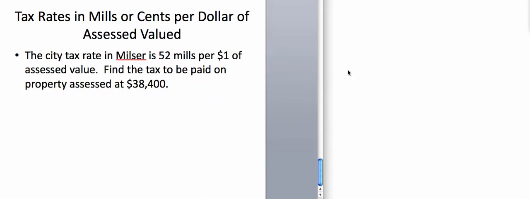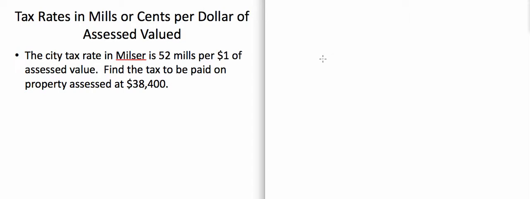So it says the city tax rate in Milser is 52 mils per $1 of the assessed value. So we're going to take 52, we divide it by 1,000. When we do that, we get an answer of 0.052. We keep that whole thing.